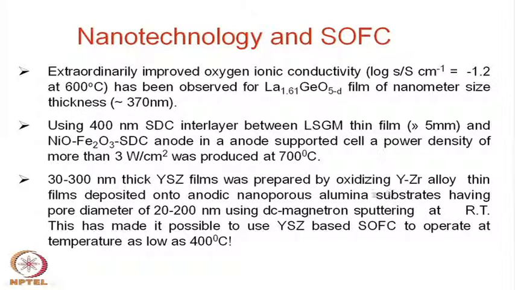One has to do something different, and that is why yttria zirconium alloy has been oxidized to form a very thin layer deposited onto anodic nanoporous alumina substrates having a pore diameter of about 20 to 200 nanometers. So, once again the pore sizes are also quite fine, and using DC magnetron sputtering.